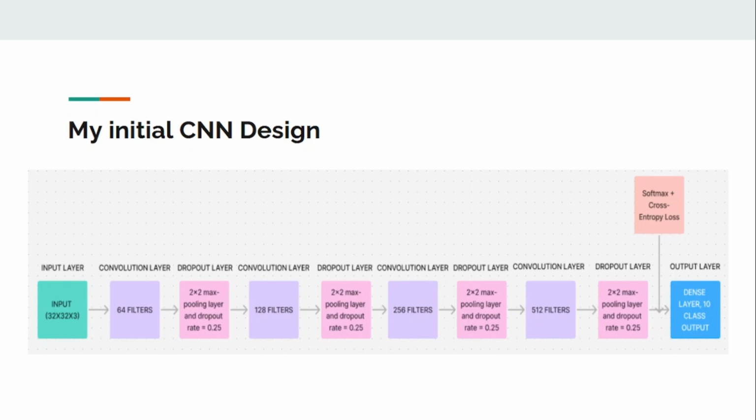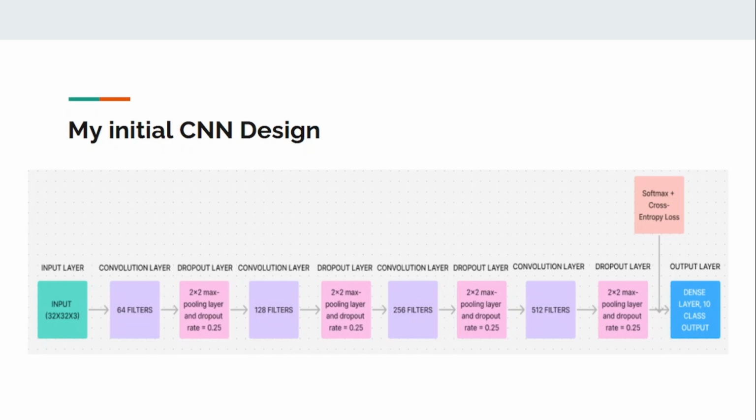Max pooling is a crucial component in convolutional neural networks, as it helps reduce computational complexity while preserving essential features. CNNs extract features such as edges, textures, and patterns by applying the convolutional filters.